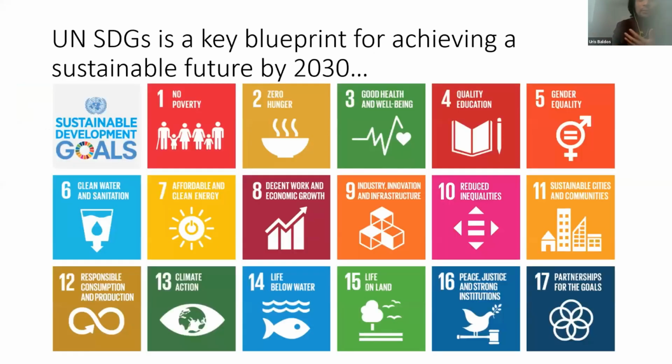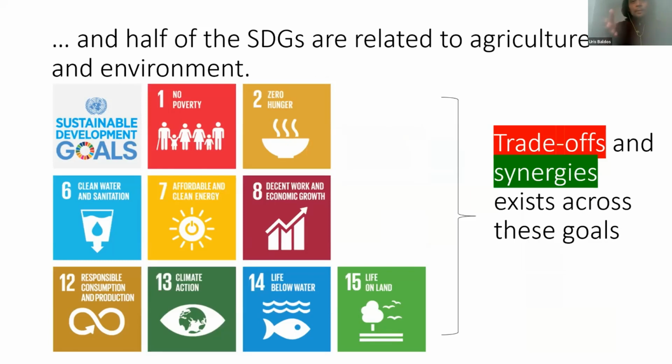For those who are not familiar with sustainable development goals, a couple of years back, people agreed on the key blueprint that leaders should follow when they're developing their policies so that they could ensure a sustainable future by 2030. When we think about these goals closely, you could target a couple of them related to agriculture and environment.